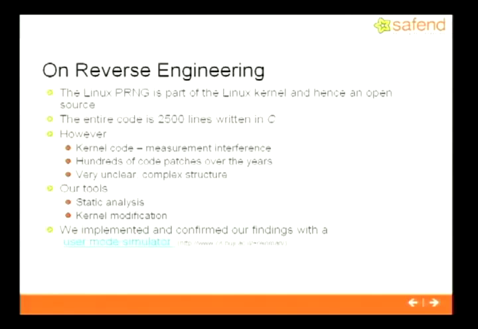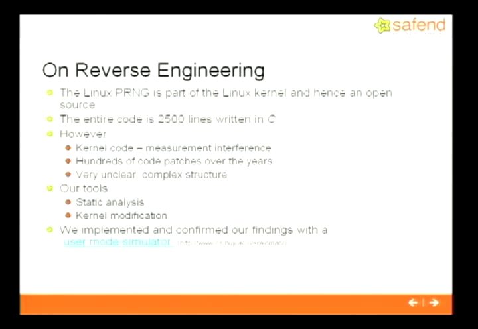Also, because of the fact that it is part of the kernel, debugging and working with the kernel was a very complex task. And whenever you add changes to the kernel, of course, you also influence some of your measurements, and that wasn't easy.